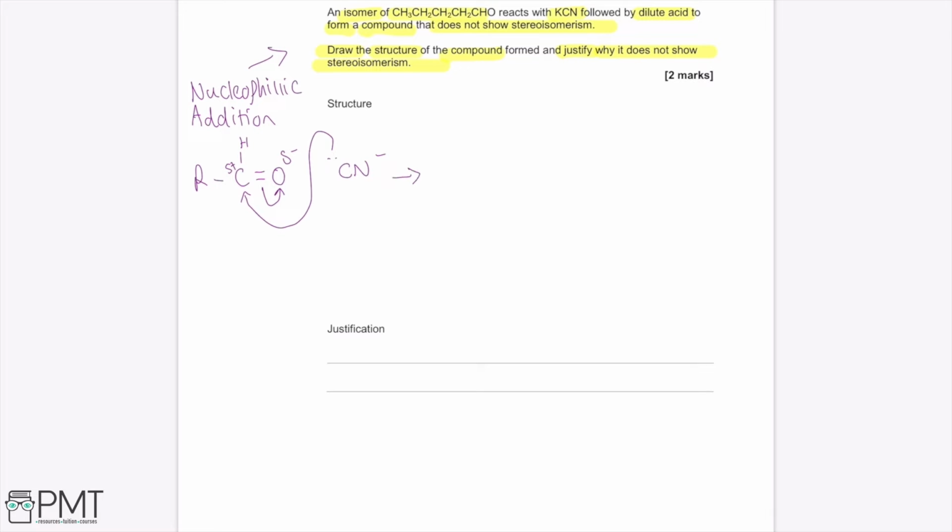So now what we have is the intermediate R attached to a carbon, attached to a cyanide, attached to a single hydrogen, and then attached to an oxygen with a lone pair and a minus charge, as here the oxygen is only forming 1 bond, where it can form a max of 2. So this lone pair on the oxygen then comes into contact with an H+ ion, which will then result in a carbon attached to a hydrogen, attached to an OH, attached to a cyanide, and then attached to an R group.